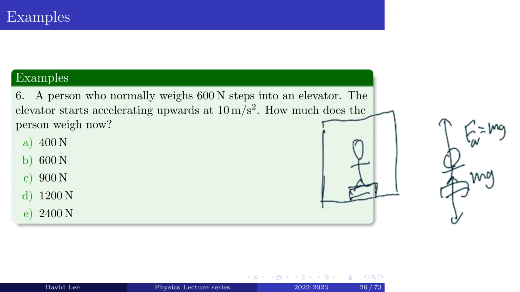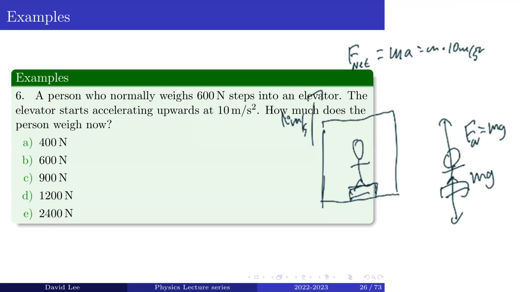However, now in the case of the elevator, the elevator is accelerating upwards at 10 meters per second squared. And the person's inside the elevator, so the person is also accelerating upwards at 10 meters per second squared, which means by Newton's second law, the net force on the person must be equal to ma, or m times 10 meters per second squared.